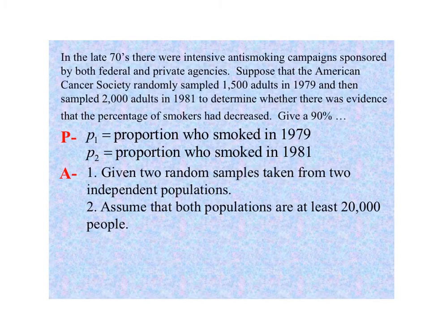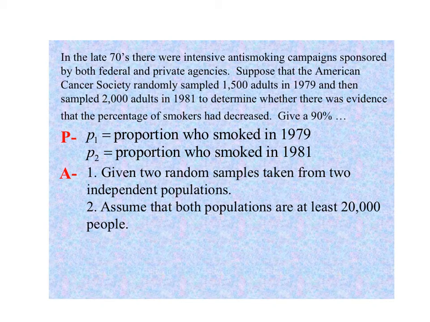All right, so this next problem is working with two proportions. This is going to be number 3 on the assignment. And let's go ahead and read it, right? Let's check it out. It says, in the late 70s, there were intensive anti-smoking campaigns, sponsored by both federal and private agencies.